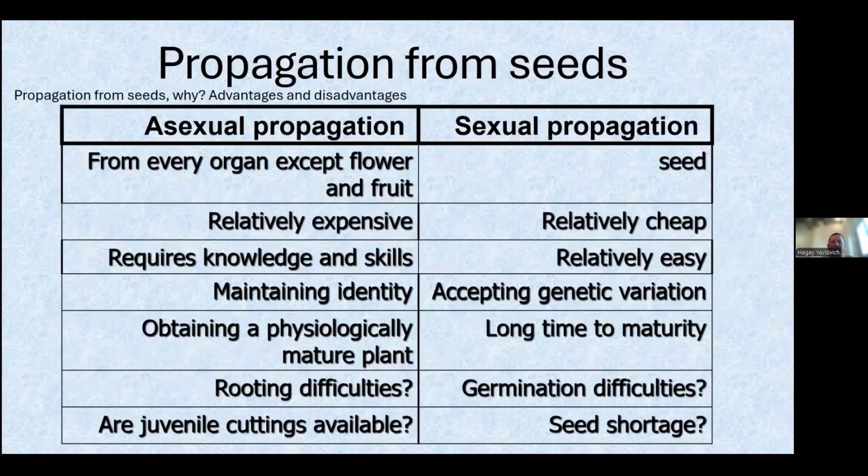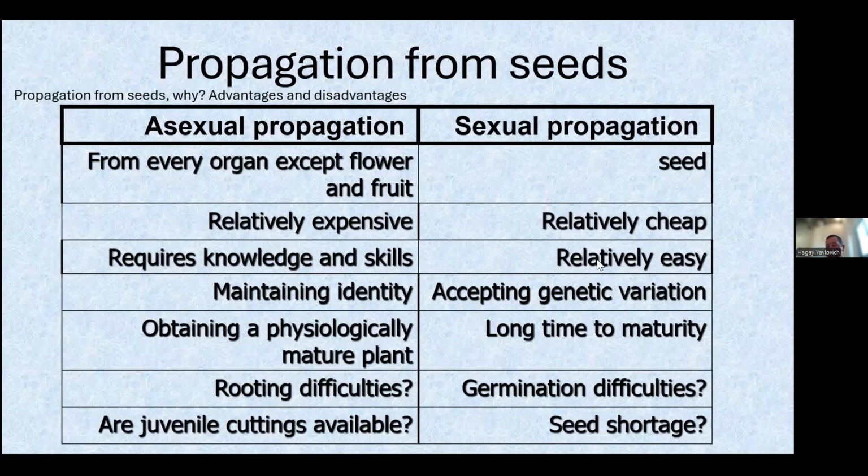We can see here in this table that there are many differences between sexual and asexual propagation. If we take the right side of the table, sexual propagation, as we said before, is from seeds, and it's relatively cheap. It's cheaper than grafting or rooting and so on, and relatively easy to work with seeds.